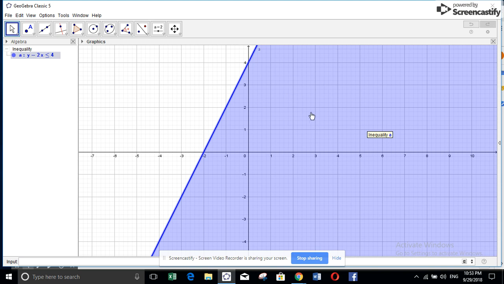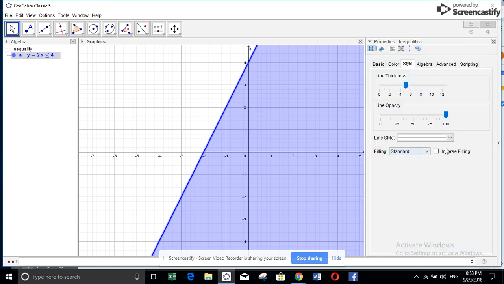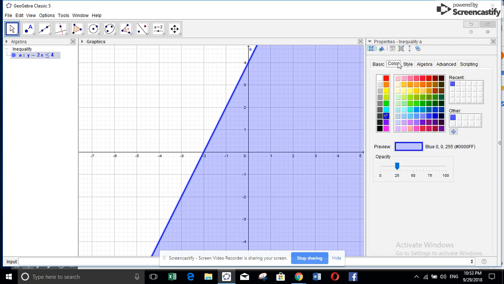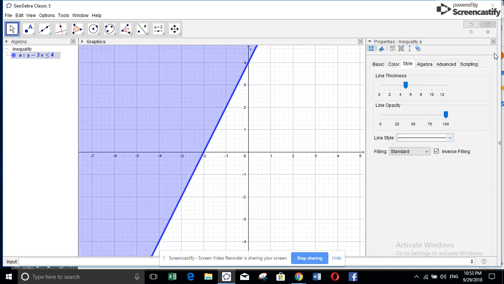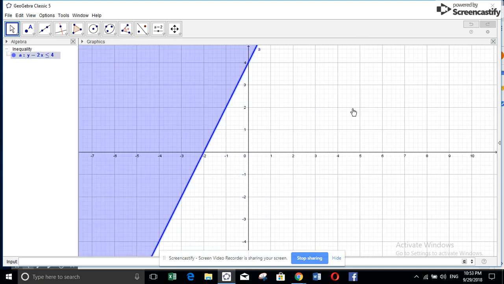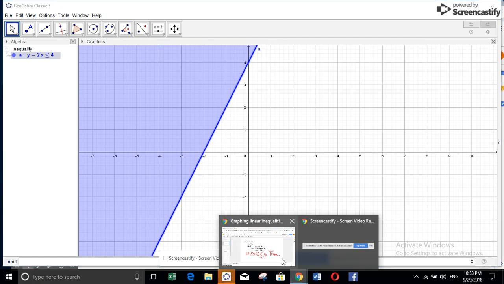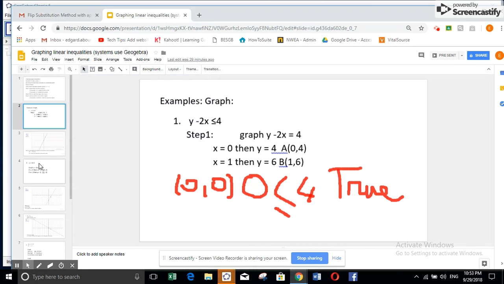But because we have a system, it will be more clean. We're going to do the opposite. We go here, right click, we pick object properties, we put style. You have basic, color, style. We put the inverse. So in that case, this will be the accepted region with the boundaries, because the line is included.